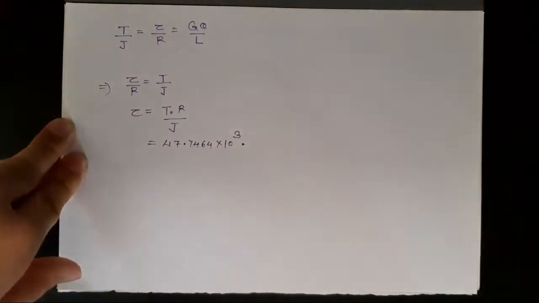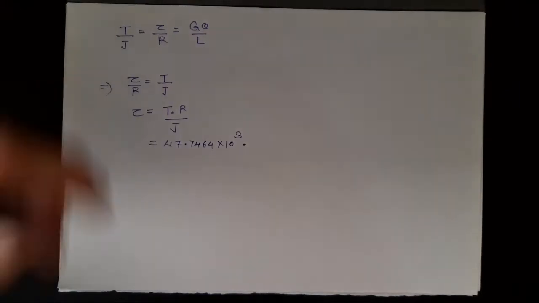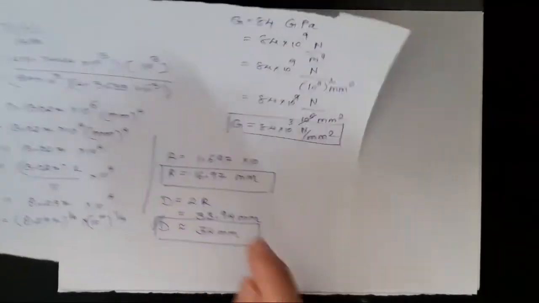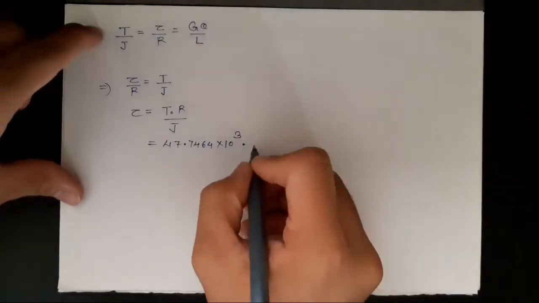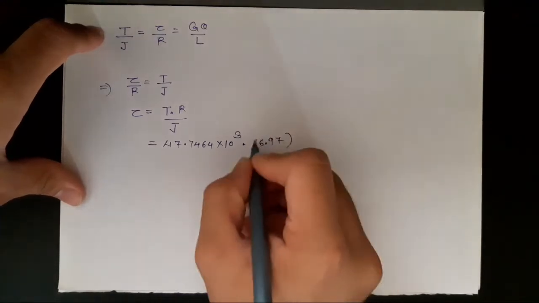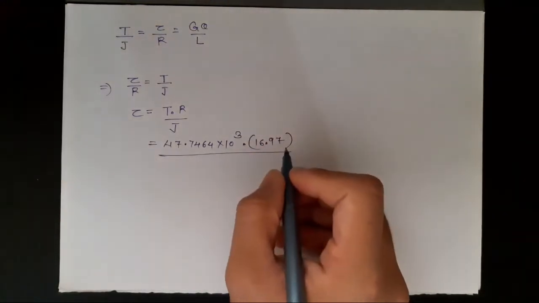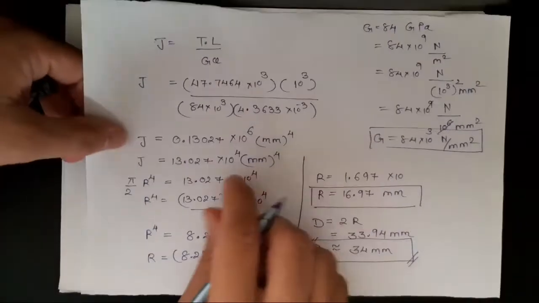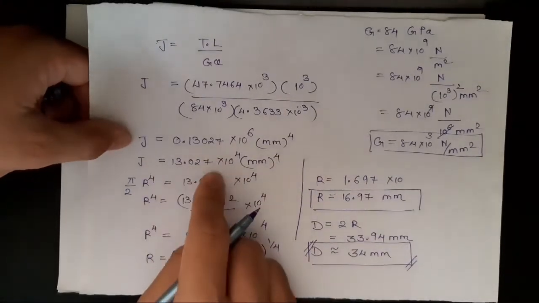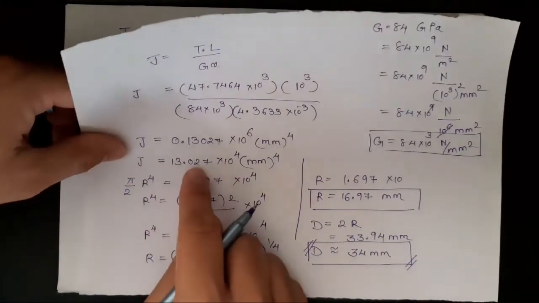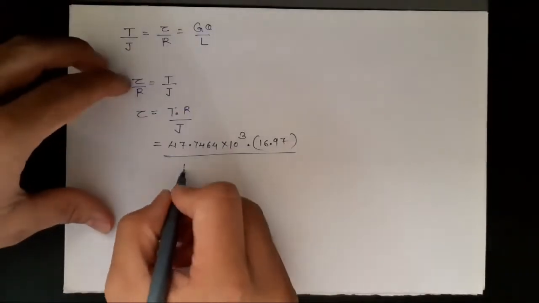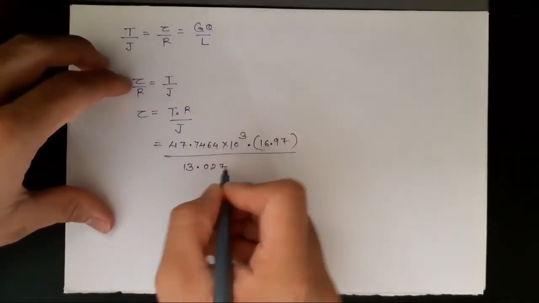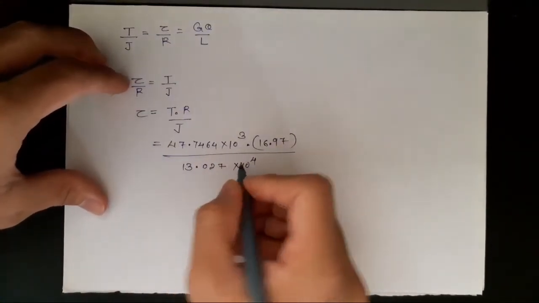What is the value of radius that we had found? It is 16.97 mm. So 16.97 divided by, what is the value of polar moment of inertia? We had the value as 13.027 into 10 raised to 4. J is equals to 13.027 into 10 raised to 4.